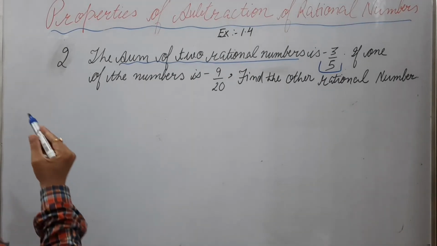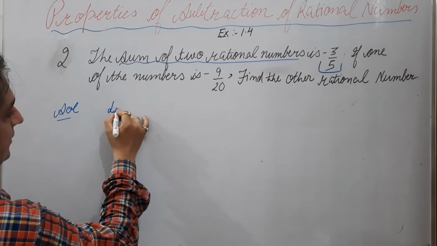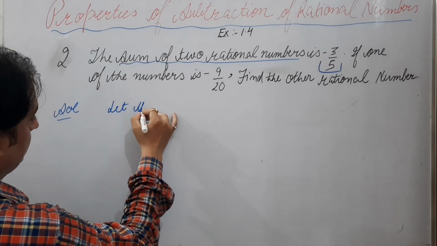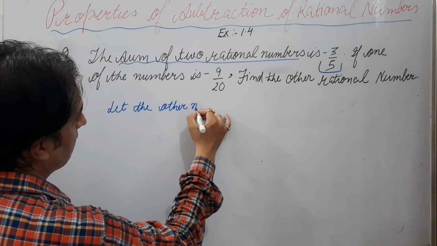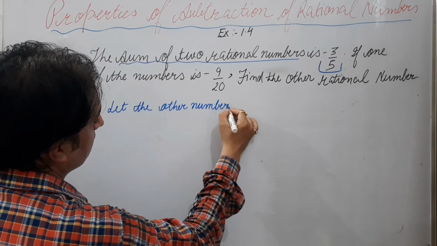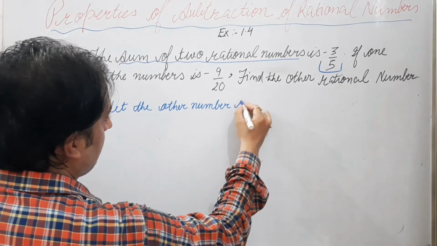Let's start. How to do this question? Let the other number, which we have to find, be x.